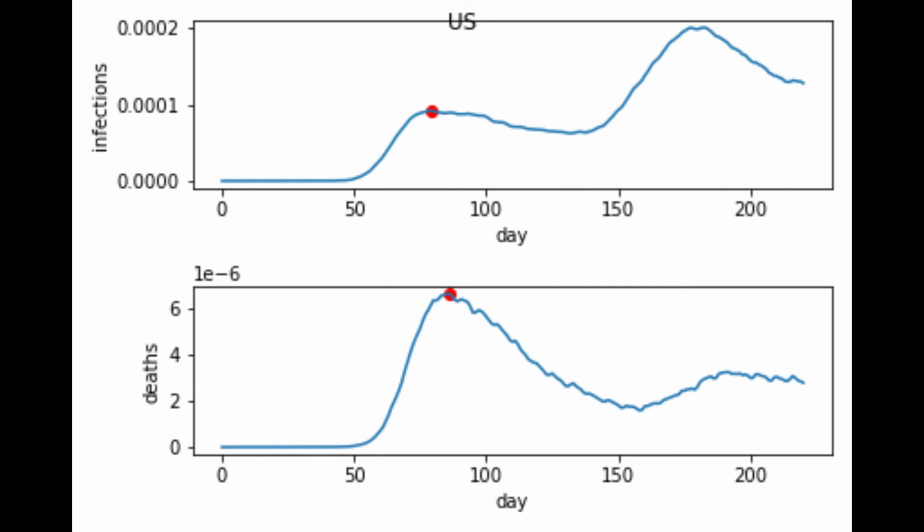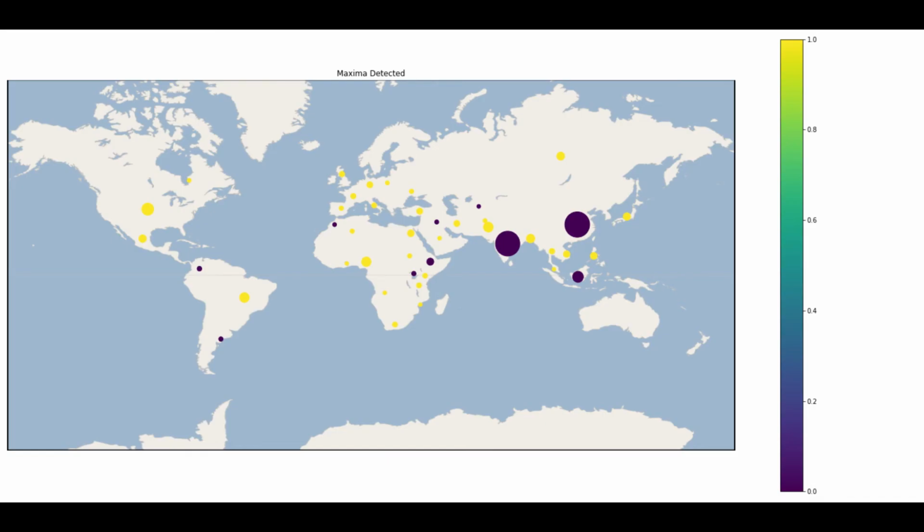That is what happened from when the pandemic in that specific country started until they managed to get the infections down, or the number of dying people down. With the information about the local maxima, we can do further map visualizations.